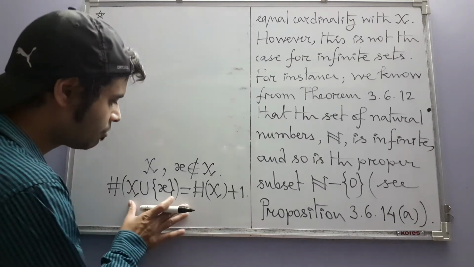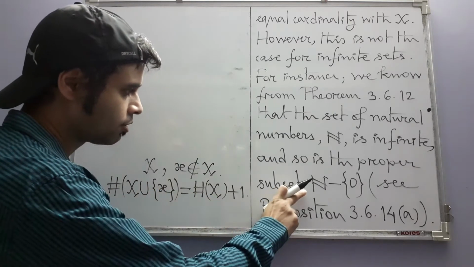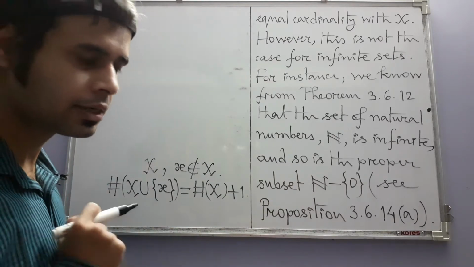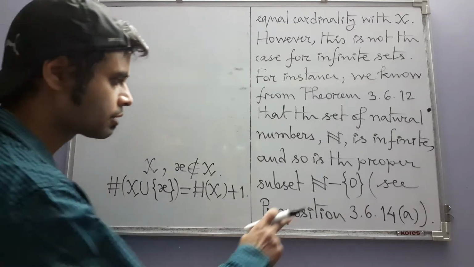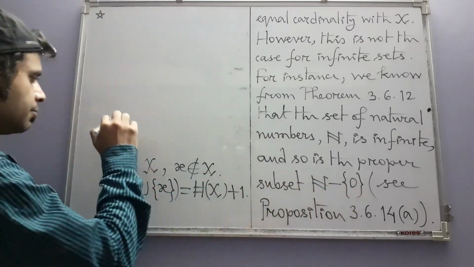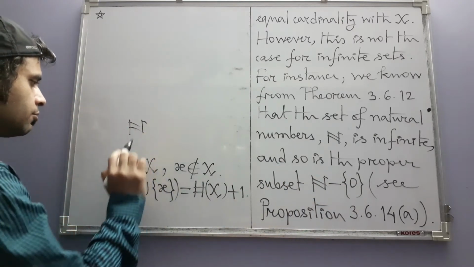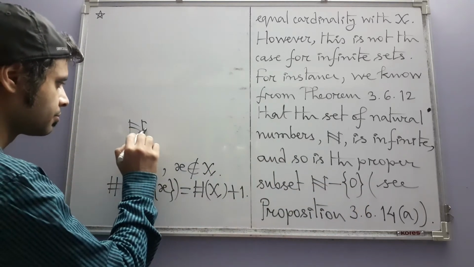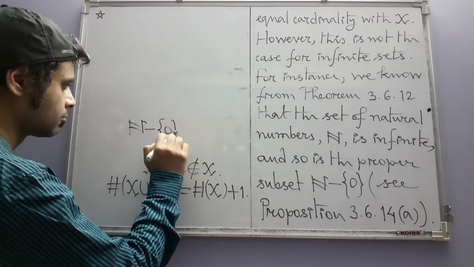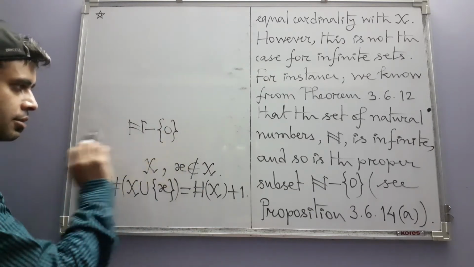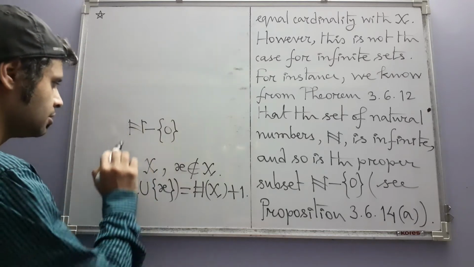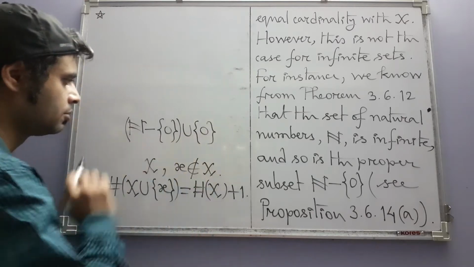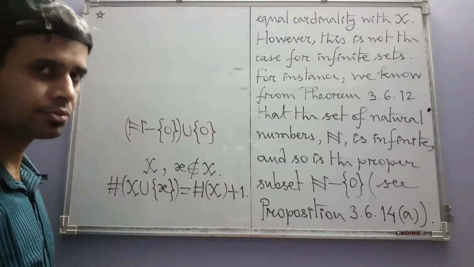But how are we using this fact to conclude that this must also be infinite, just like N? That is because if you suppose to the contrary that this is finite, then you can consider this thing in place of X. So if you are supposing that this is finite, then according to this result, this union must be finite.